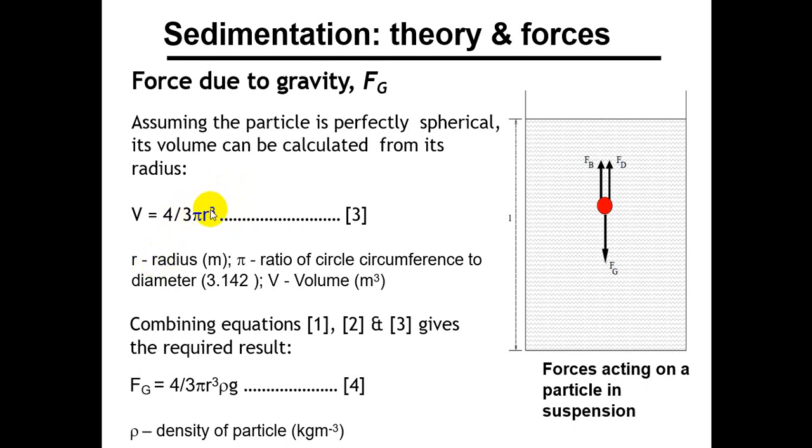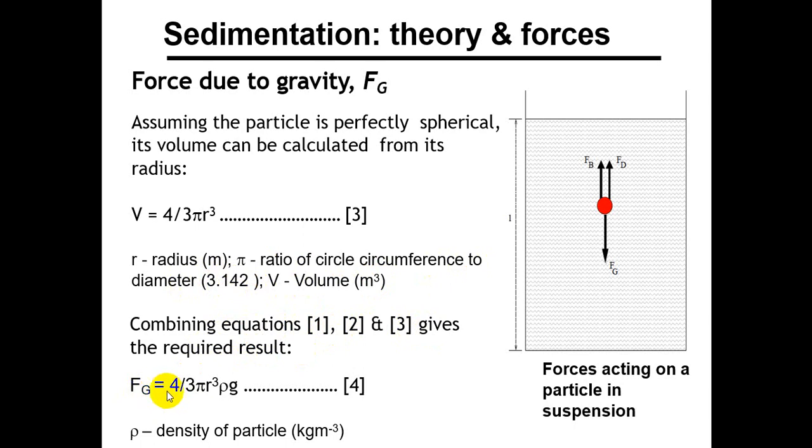R stands for radius, measured in meters. Pi is the ratio of a circle's circumference to its diameter, given as 3.142. Volume is in meters cubed. Combining equations 1, 2, and 3 gives the required result.